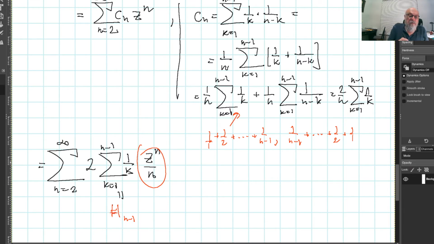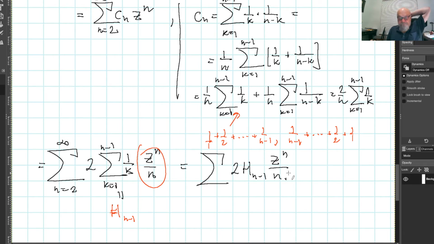So if I use this symbol, then I will get 2 H_{n-1} z^n divided by n, and I got these things now. So we did a couple of these examples.